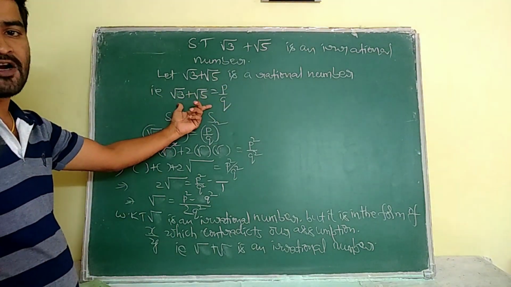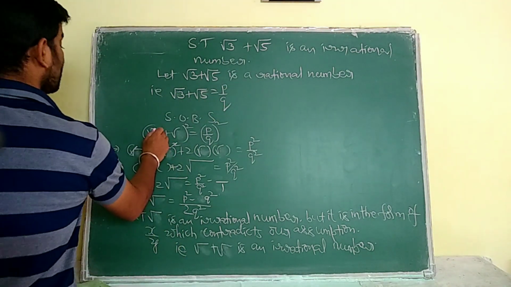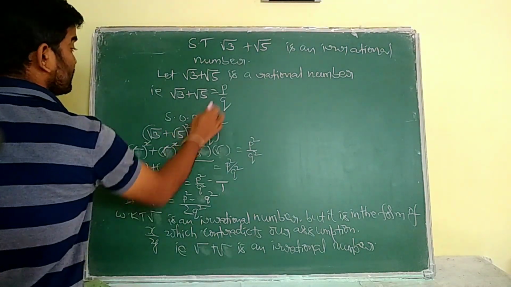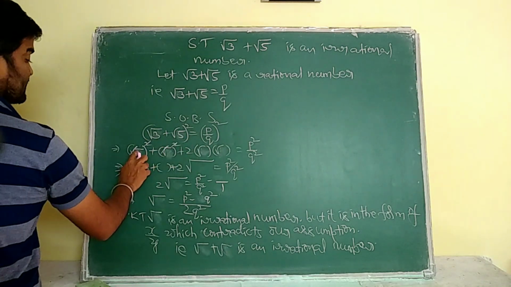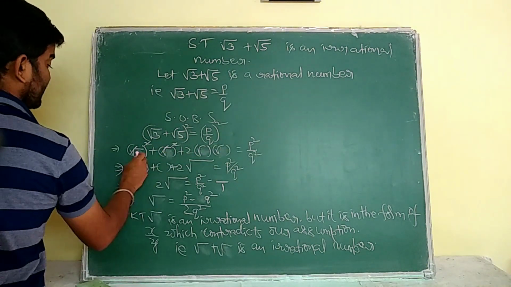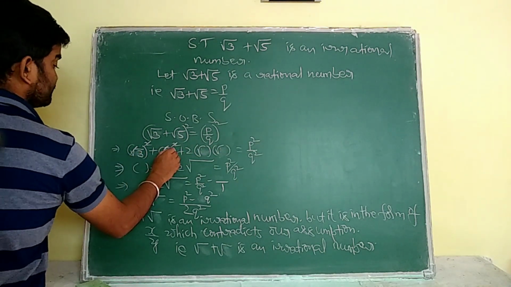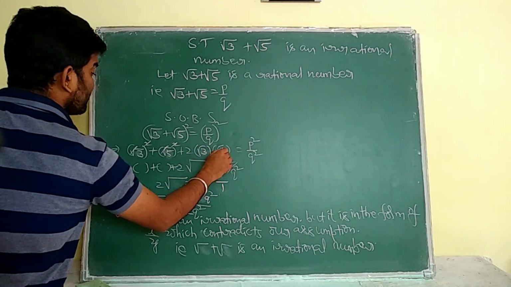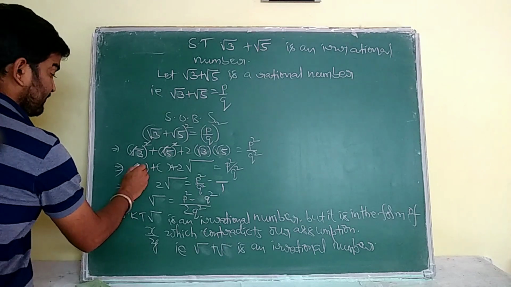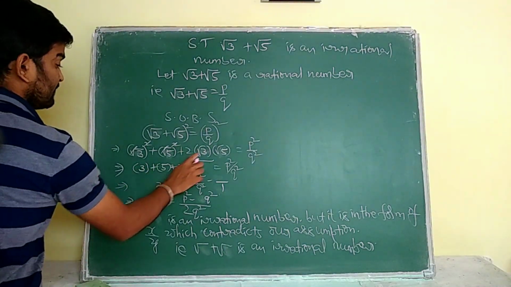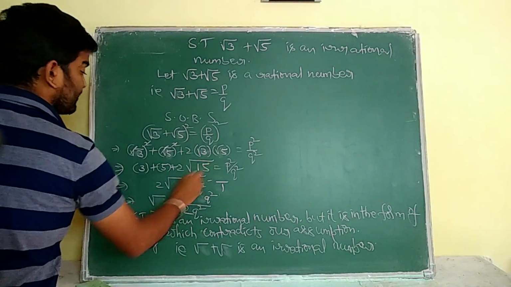Now we square on both sides. Then root 3 plus root 5 whole square is equal to p by q whole square. By expanding this as a square plus b square plus 2ab, the square and root will cancel out. Then we are left with 3, 5, and 3 times 5 is 15.